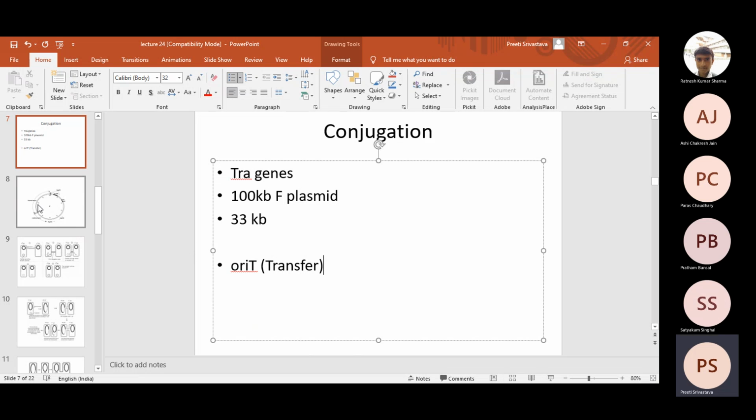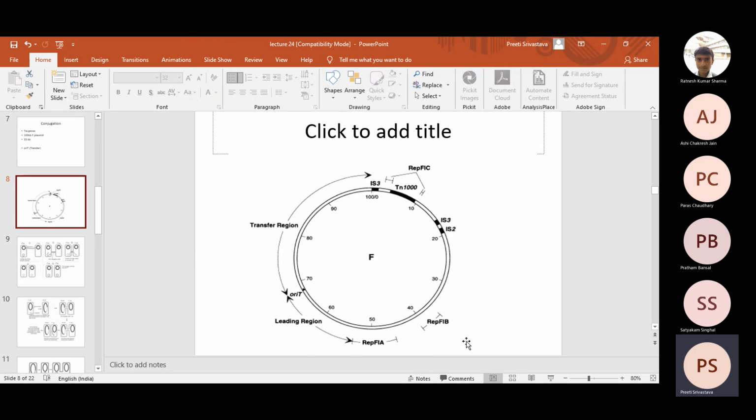Other than that, the rep proteins are for replication, TN is the transposon, and IS elements are the insertion sequences with the help of which this plasmid can integrate with the chromosome. So IS elements can combine with IS elements in the chromosome.